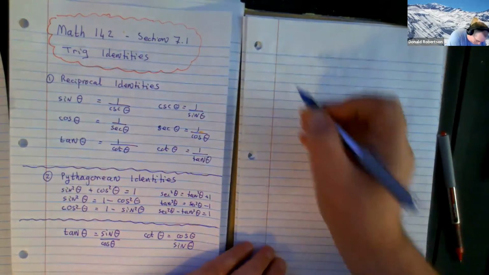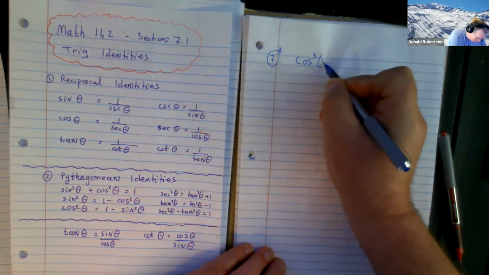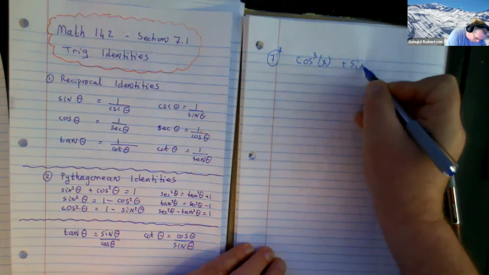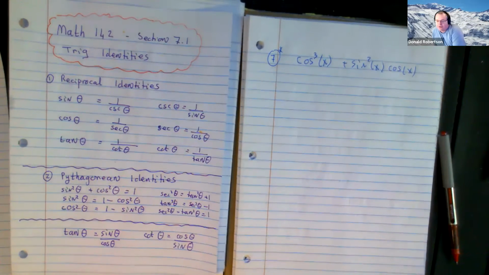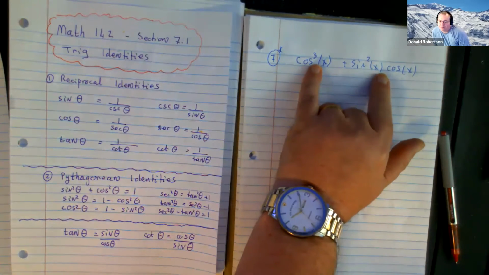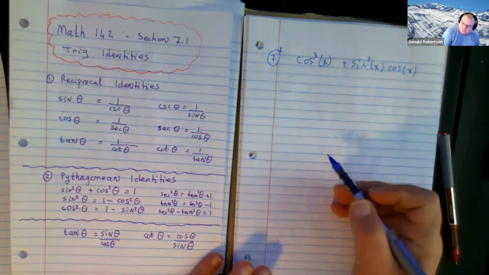Let's try this one. Now, there's no point in turning this guy into sines and cosines because he already is. This one is not as bad as it might seem. Well, factoring is a good strategy. Can anybody see a common factor in these two expressions? Cosine.